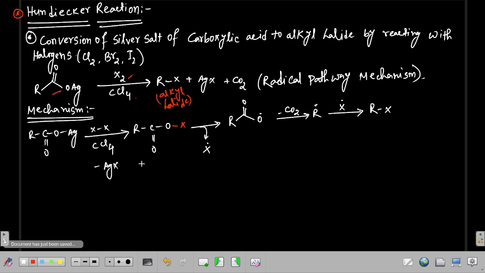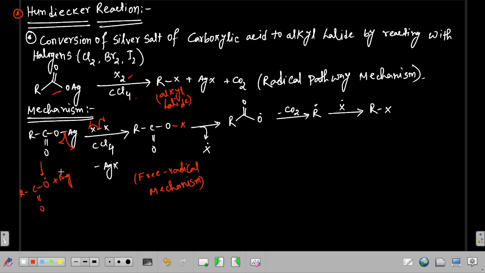Mechanism follows the free radical mechanism. This is a free radical mechanism. So it will start with this bond cleaving as a free radical mechanism, and this bond will cleave as a free radical mechanism, and from here we are getting RCOO free radical plus silver free radical.